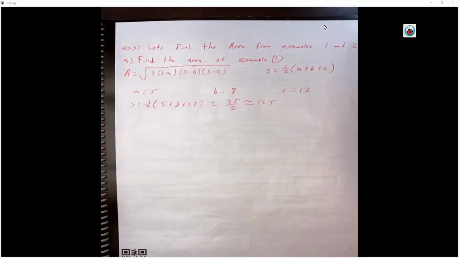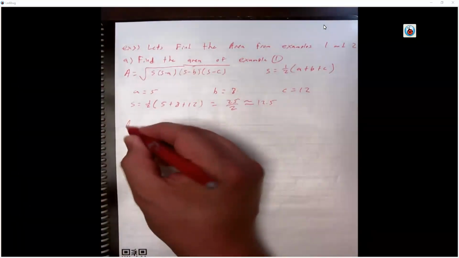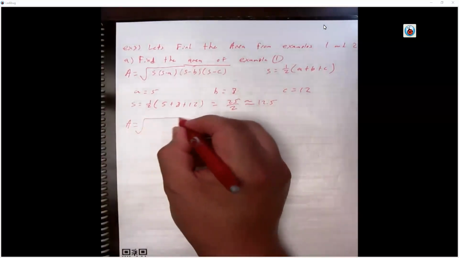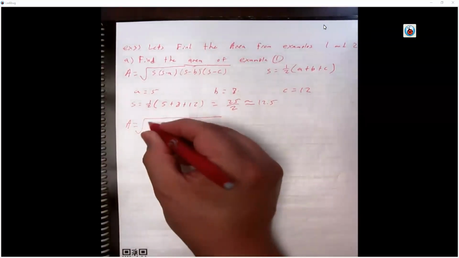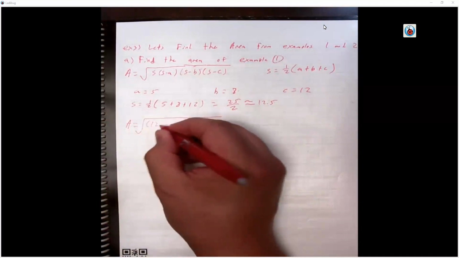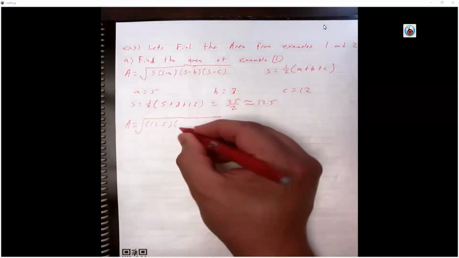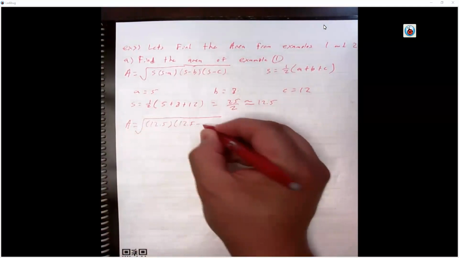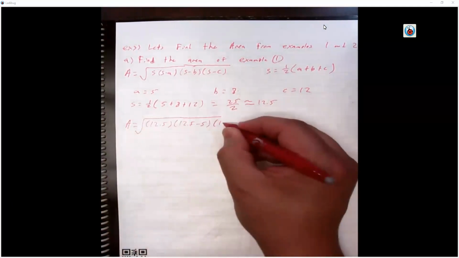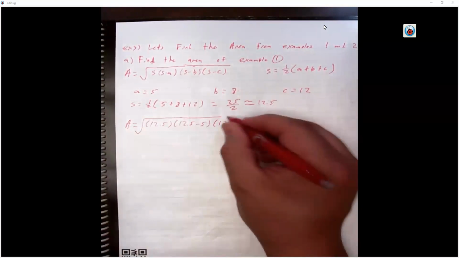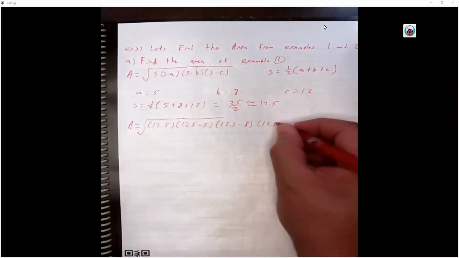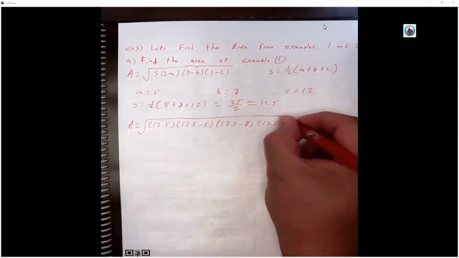So we'll use the decimal just because it's a little easier to write, not because it's any better. So the area will be the square root of 12.5 times 12.5 minus 5 times 12.5 minus 8 times 12.5 minus 12. A lot of 12.5s.